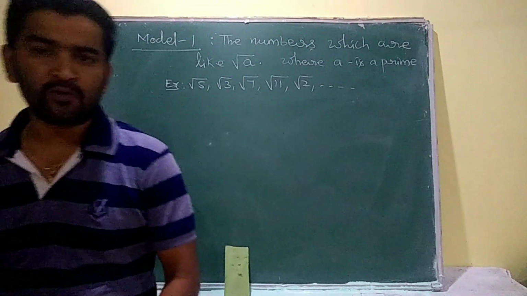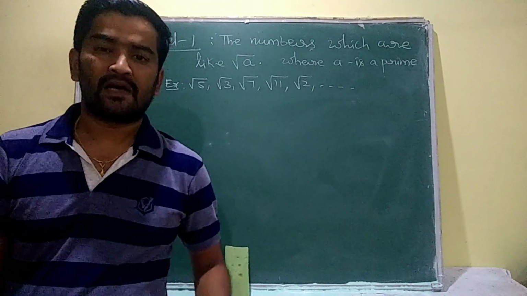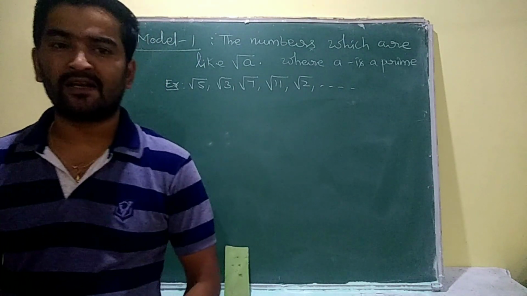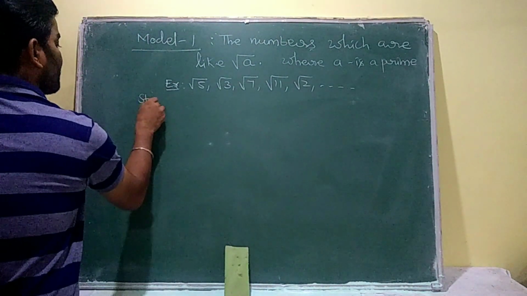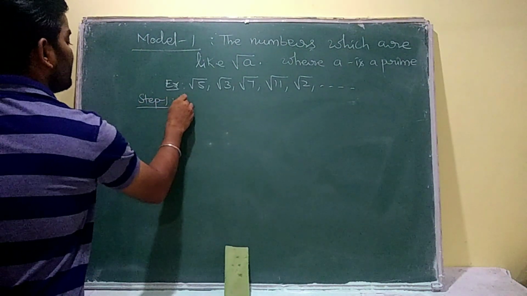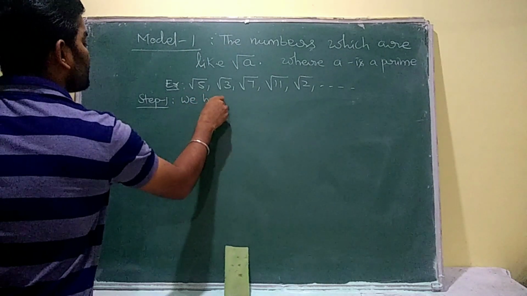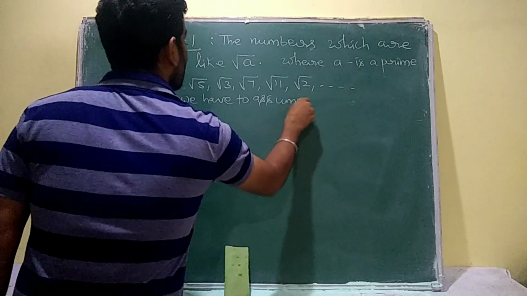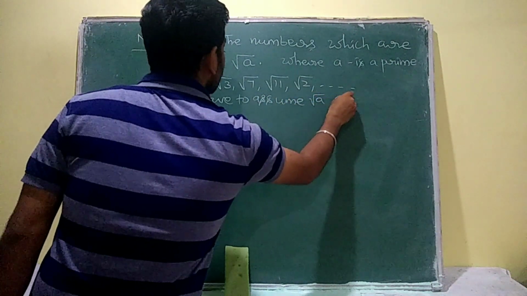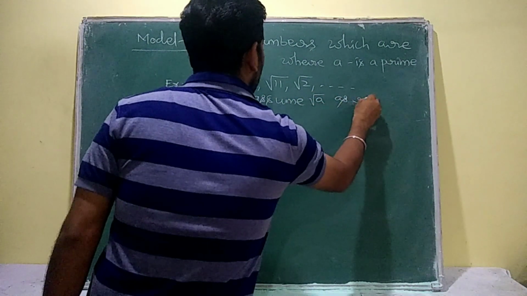Now we will prove such type of given irrationals as irrational by the following steps. Step 1. In this step 1, we have to assume root A as rational.